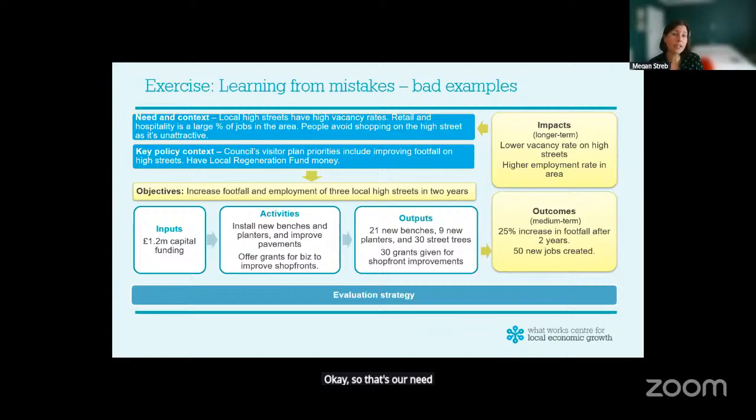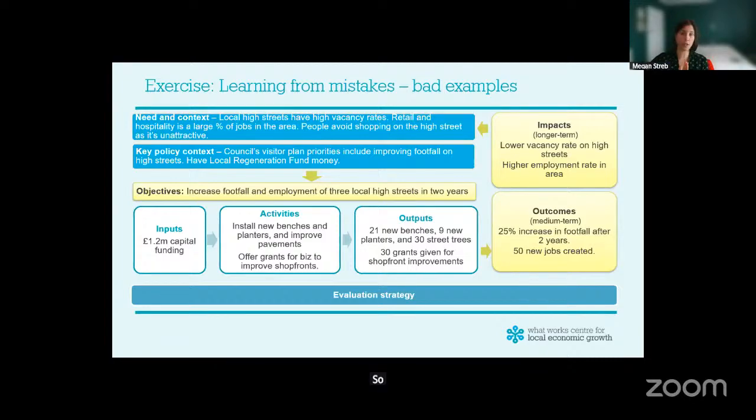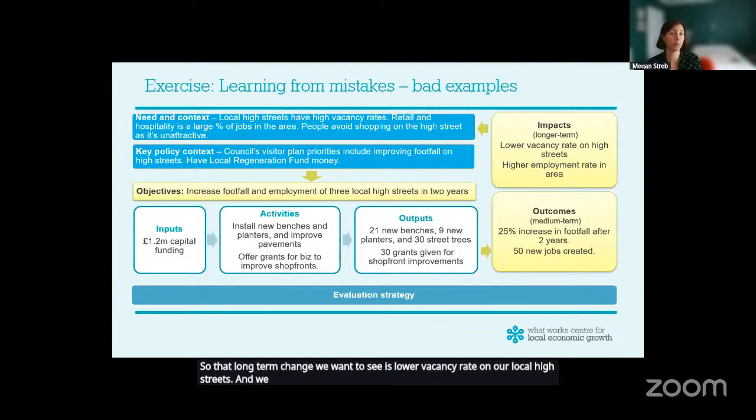We have a visitor plan, which the priorities include improving footfall on high streets, and we do have some local regeneration fund money that we can use. So the long-term change we want to see is a lower vacancy rate on our local high streets, and we also want a higher employment rate in the area. And the medium-term change is a 25% increase in footfall after 2 years and 50 new jobs created.